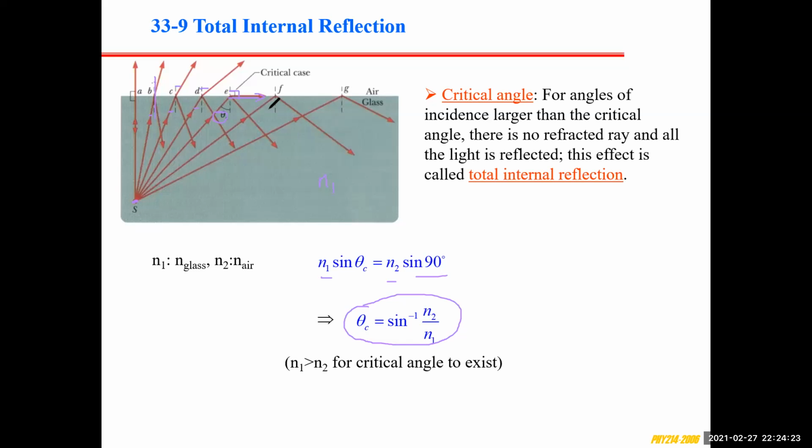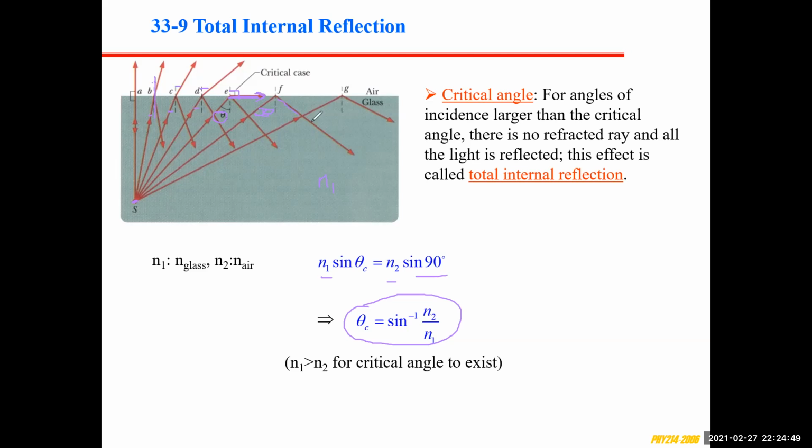Now imagine that you have a larger angle that's greater than the critical angle. What's going to happen? When the angle of incidence is equal to the critical angle, the refracted ray propagates along the interface. When this angle is greater than the critical angle, light will not be seen in the second material.